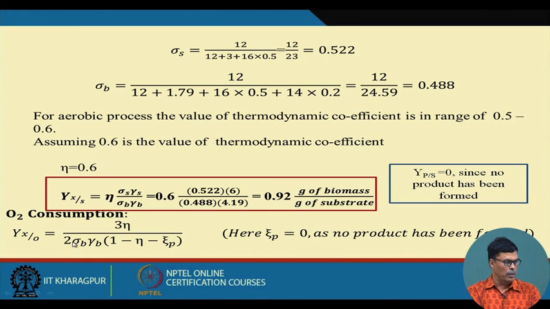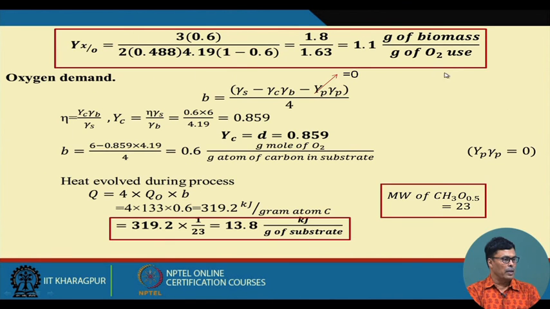3 eta divided by 2 sigma is gamma b, sigma b gamma b, 1 minus eta minus epsilon equal to 0, as no product has been formed other than biomass. Then this comes to about 1.1 gram biomass per gram of oxygen used.